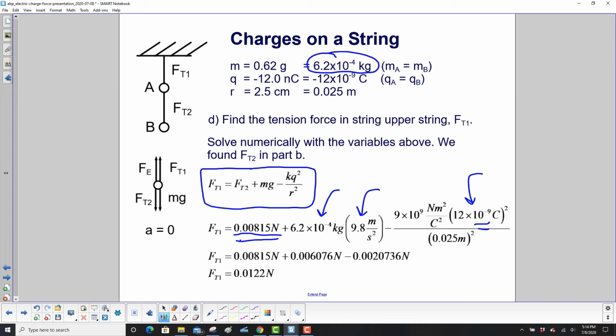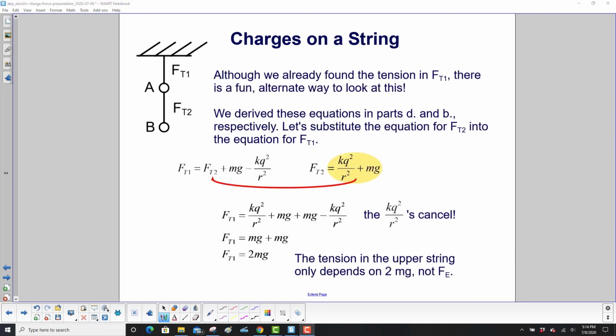And the distance between these two spheres was 2.5 centimeters. You move the decimal 2 to the left to get meters, and that's 0.025 meters. So you add all this, subtract all this, and you get the tension force in the top string is 0.0122 newtons.